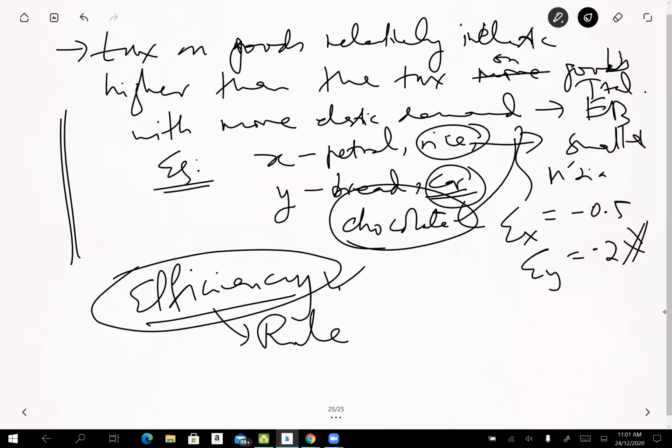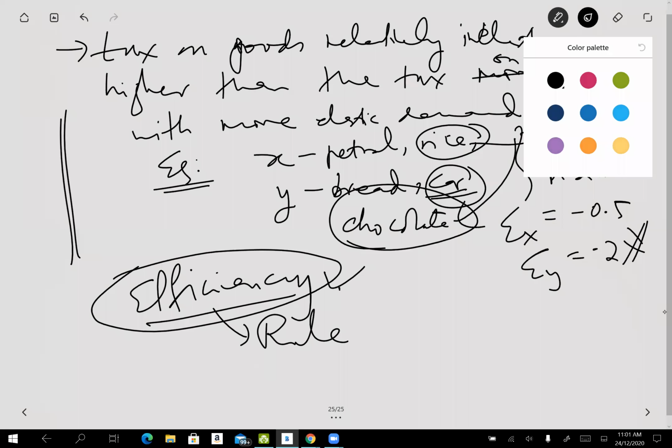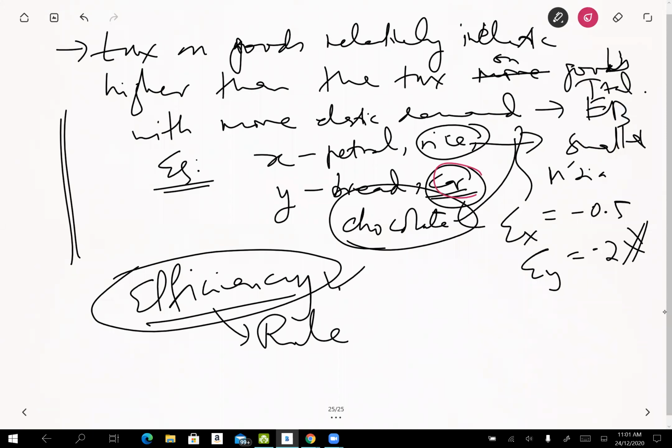Okay, now relate. Look at the two goods, this one and that, and you tax rice higher. Now look at the reality. This is what we learn in theory. Look at the reality in Malaysia, not in other countries. In Malaysia, what is the position of these two goods in our country?